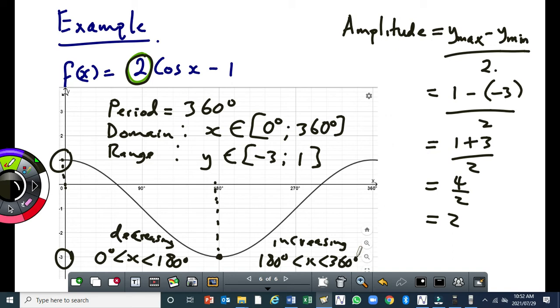If I ask you for what values of x the y values are negative, it means you may need to determine the value of x here and the value of x there, because the y values are negative below the x-axis. Now, for you to determine these values of x, you need your knowledge of trig equations together with the general solution that we did last time.